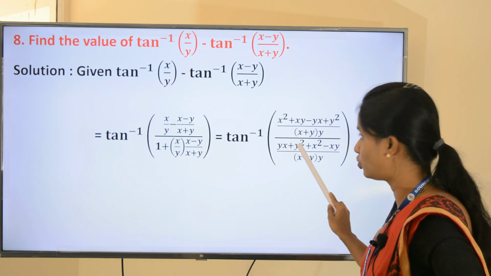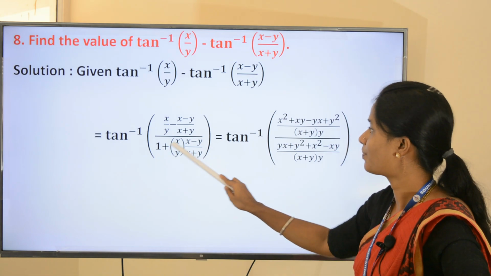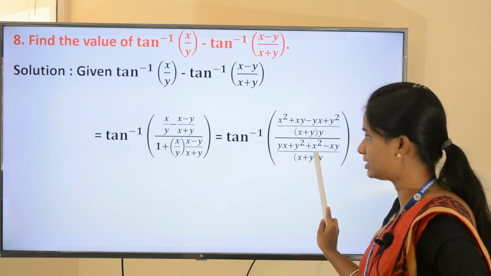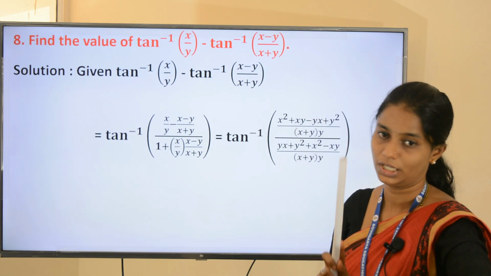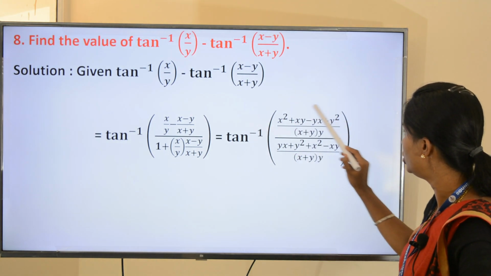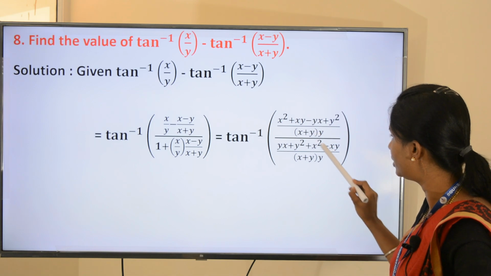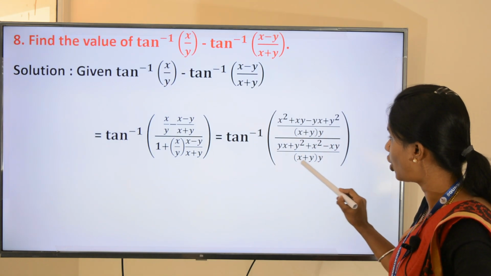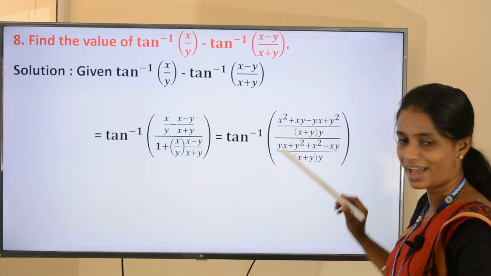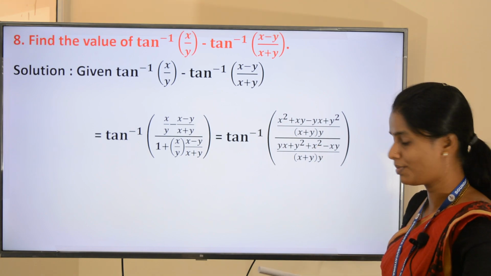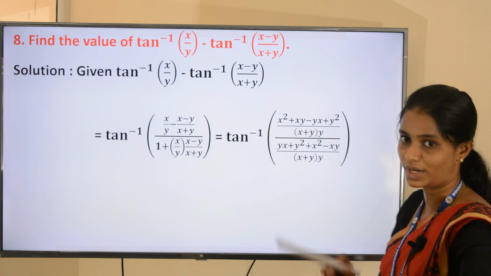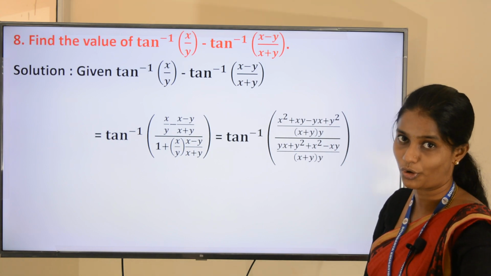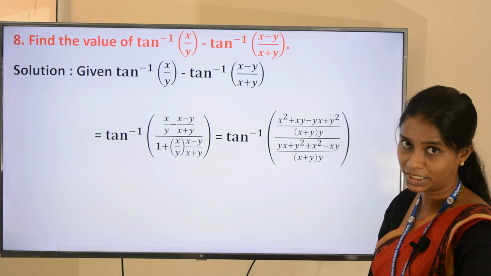Yx plus y square plus x into x square, x into minus y, minus xy. Please observe here, the numerator terms and denominator terms will get cancelled. Then plus xy minus xy will get cancelled, commutative law in multiplication.